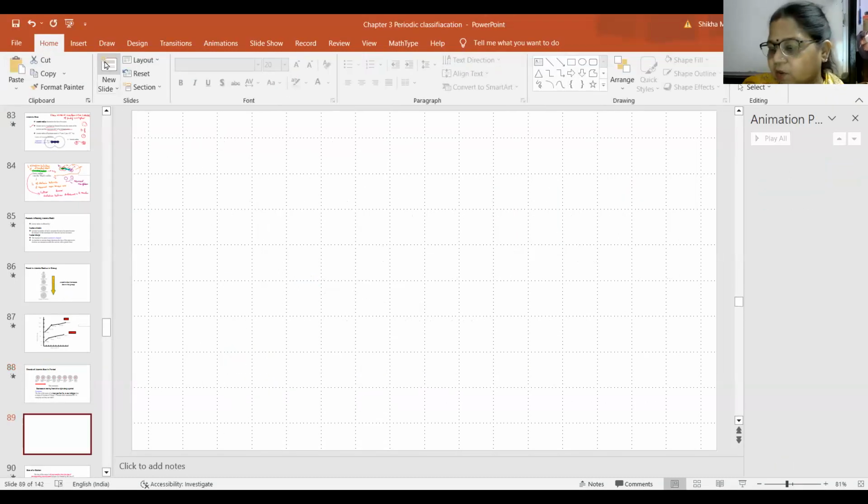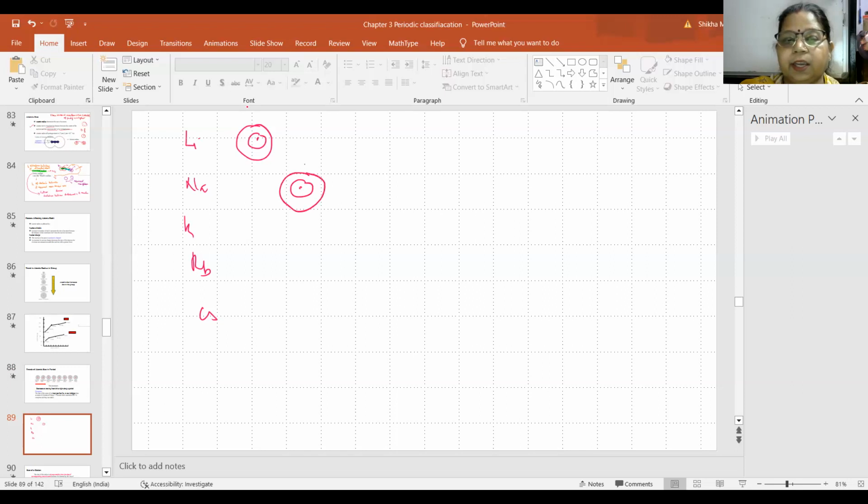When we talk about a group, again I will take that example of lithium, sodium, potassium, rubidium, cesium. This is the nucleus, this is 2, 8. If I draw sodium, it will be 2, 8, 1. For potassium, it will be 2, 8, 8, 1.